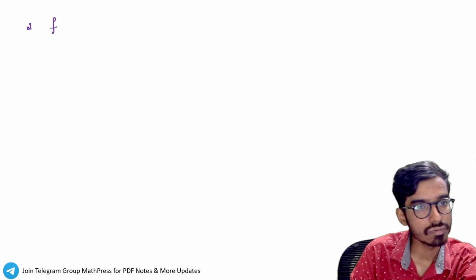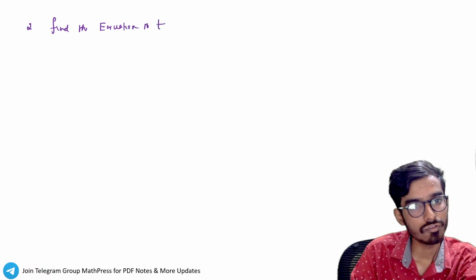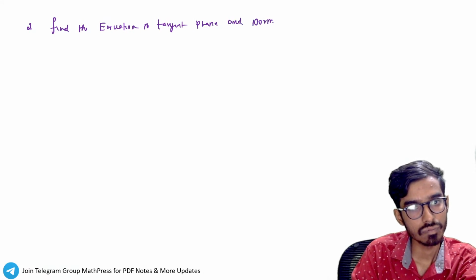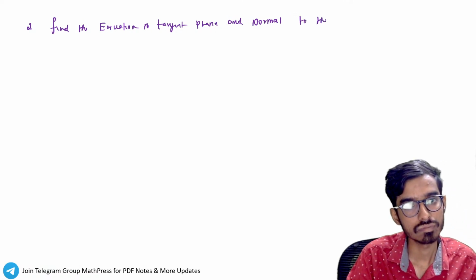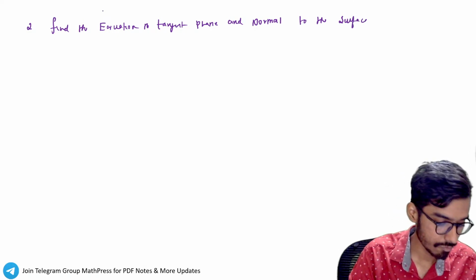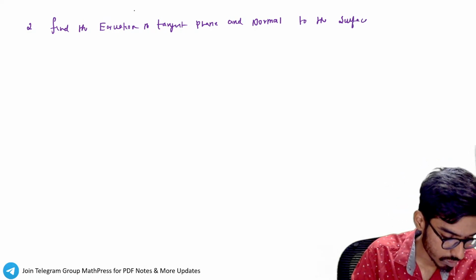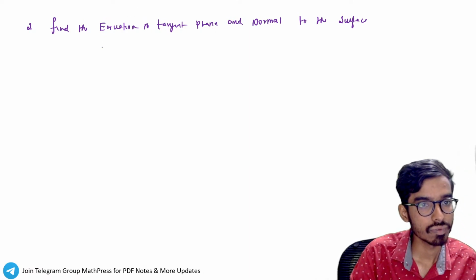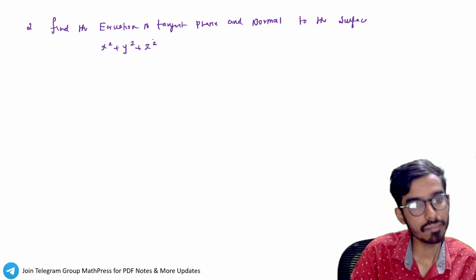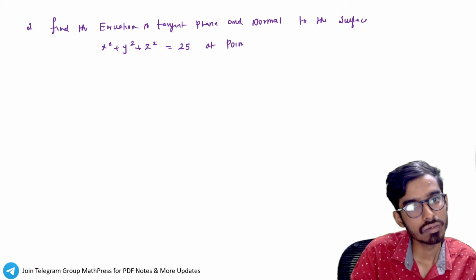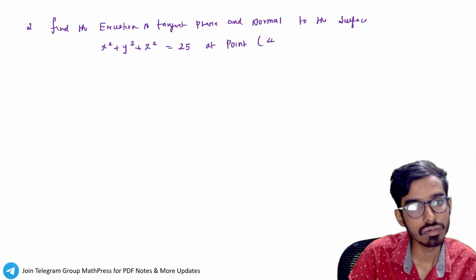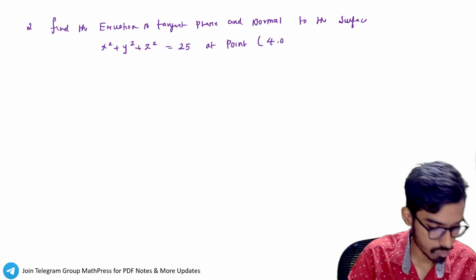So find the equation of the tangent plane and the normal to the surface x square plus y square plus z square is equal to 25 at the point 4 comma 0 comma 3.